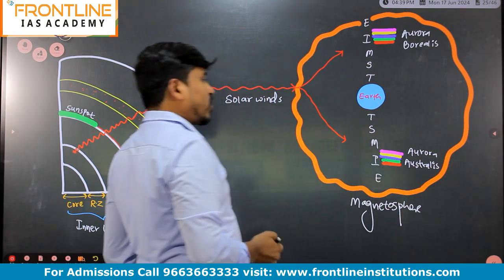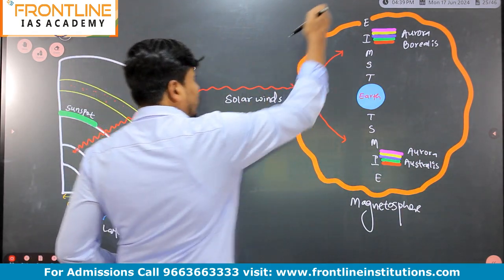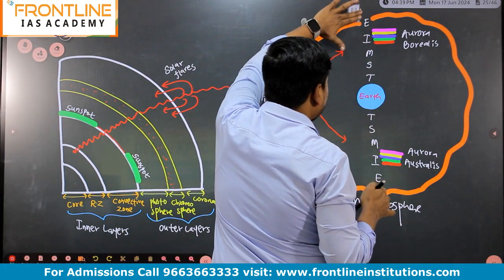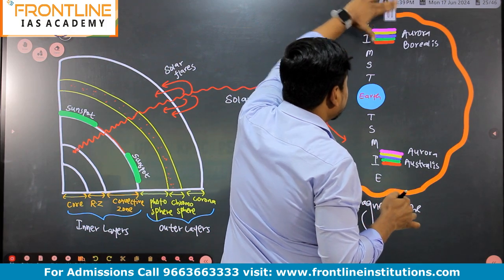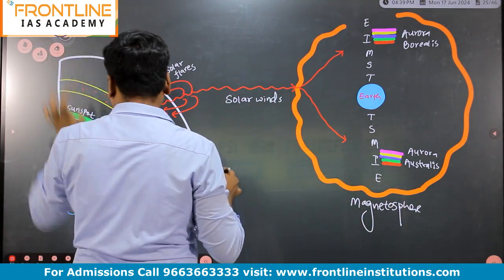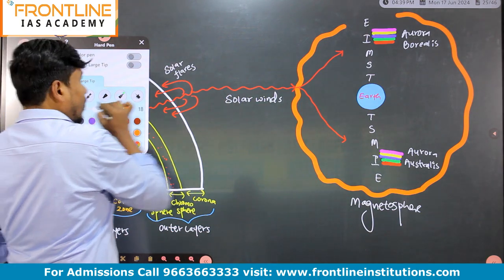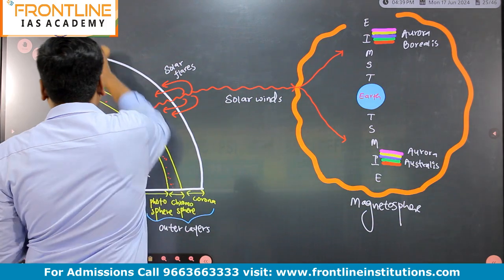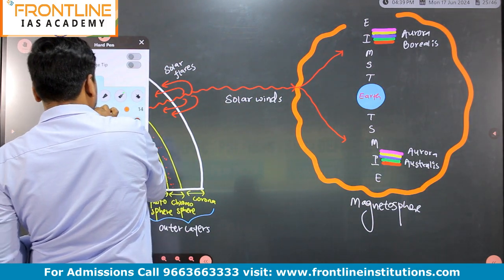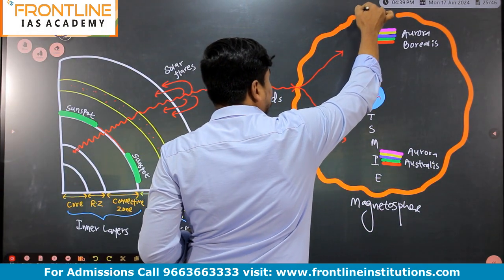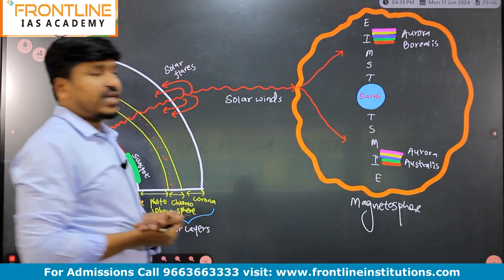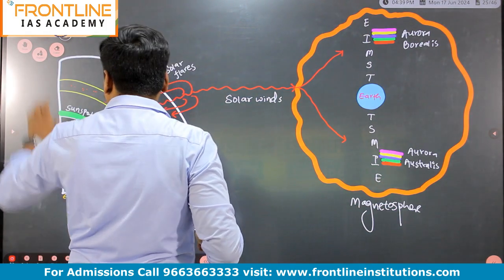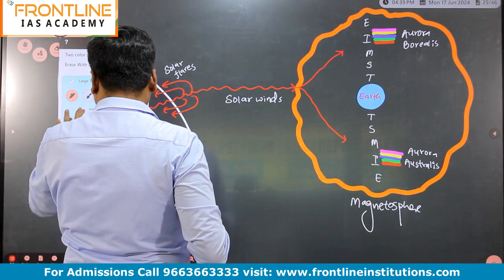Very important, the colorful lights form in both the hemispheres, and we call them auroras.